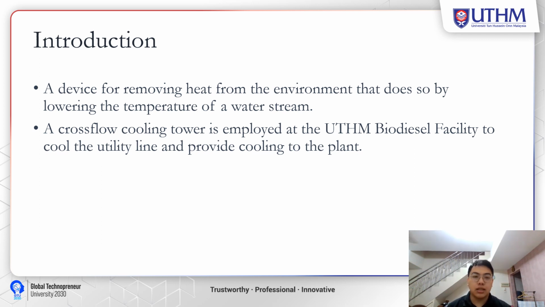The classification is based on the type of the air intake into the tower. The two main types of cooling towers are the induced draft and also the forced draft cooling tower. A closed flow cooling tower is employed at the UTHM biodiesel facility to cool the utilities line and provide cooling to the plant.